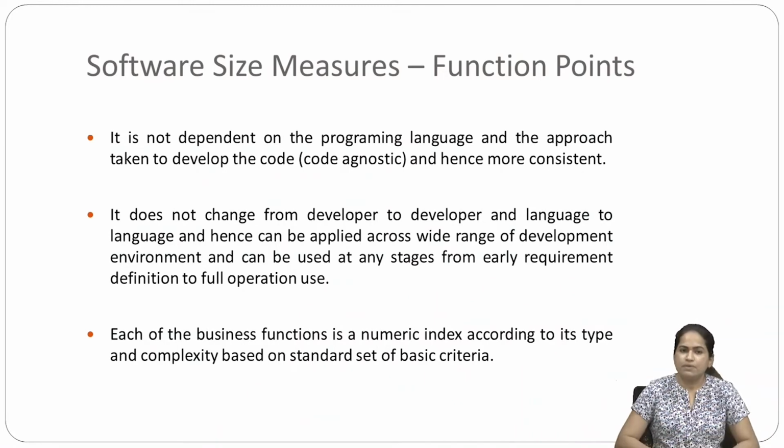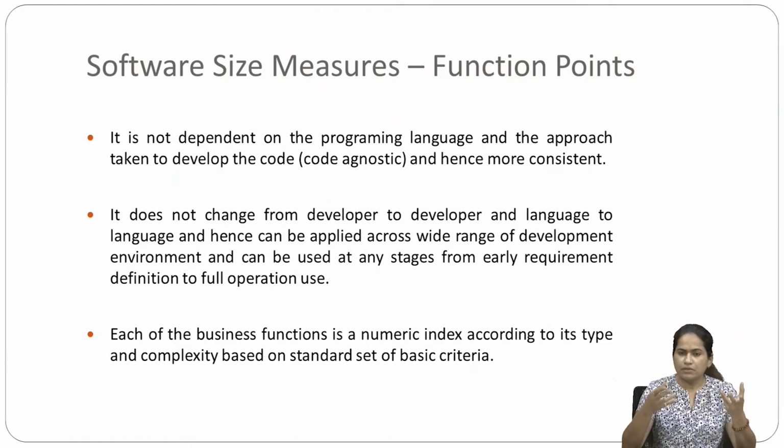Each business function gets a numeric index according to its type and complexity based on a standard set of basic criteria. When we are talking about these business functions, each will have one index number, a numeric value.